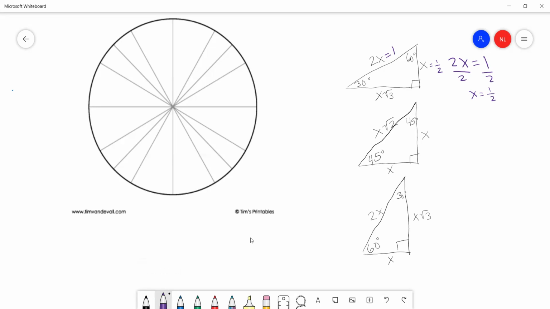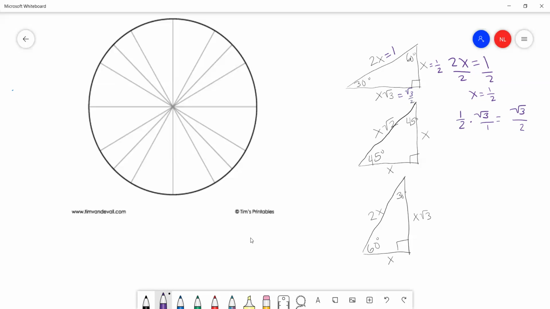Then down here, what is my long leg? My long leg will always be the short leg times rad 3. So in this case, it's going to be 1/2 times rad 3. That is 1 times rad 3, which is rad 3 over 1, times the 2 in the denominator, so we'll have rad 3 over 2.